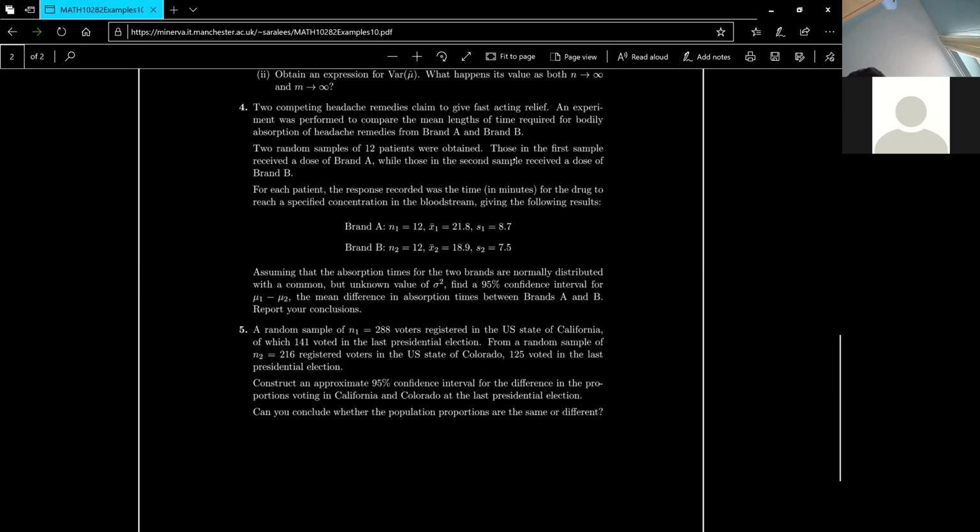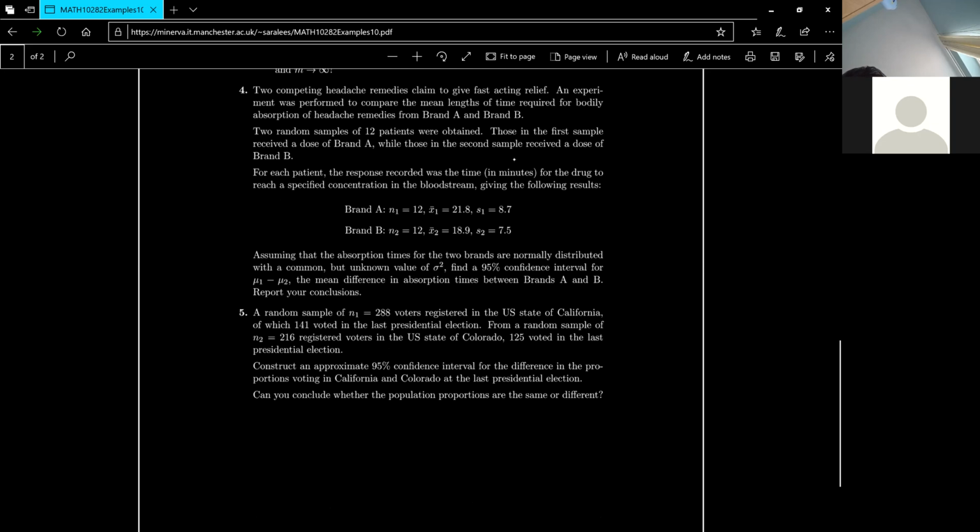Can you do question 5, please? No, question 5. So you should go back to the problem sheet. Can you do question 5, please? This one here. Question 5.